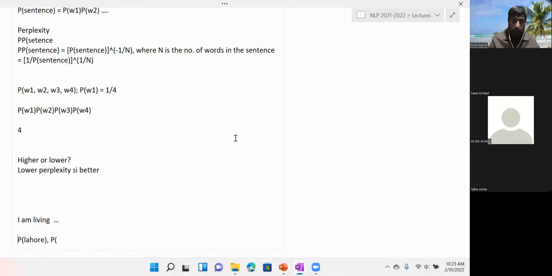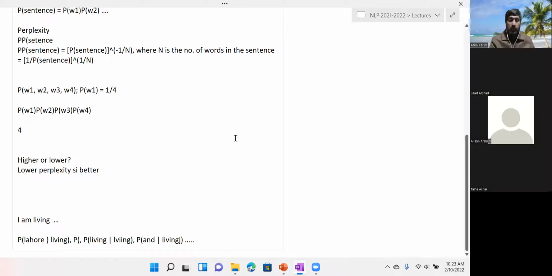So this is one option, given living. Then maybe this might be another option, probability of in given living. So you will have various options.